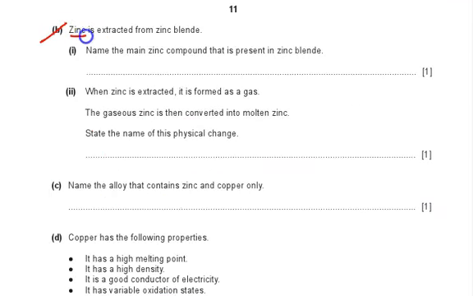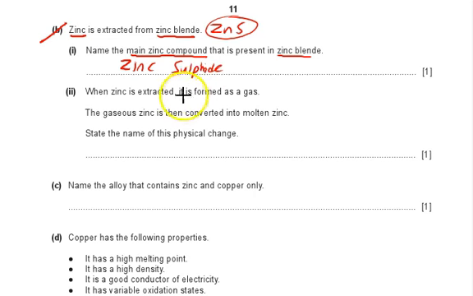Okay. So B, zinc is extracted from zinc blende. So zinc blende is zinc sulfide. Name the main zinc compound that is present in zinc blende. So here we will have zinc sulfide. Okay. When the zinc is extracted, it forms a gas.